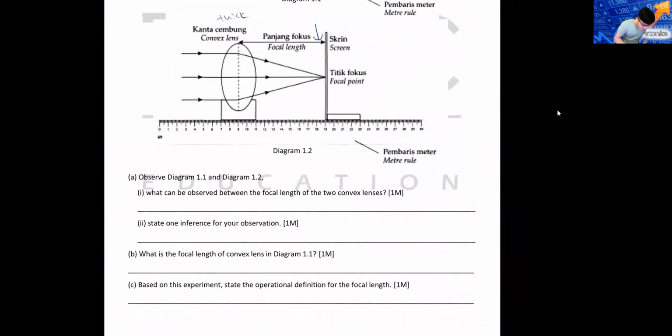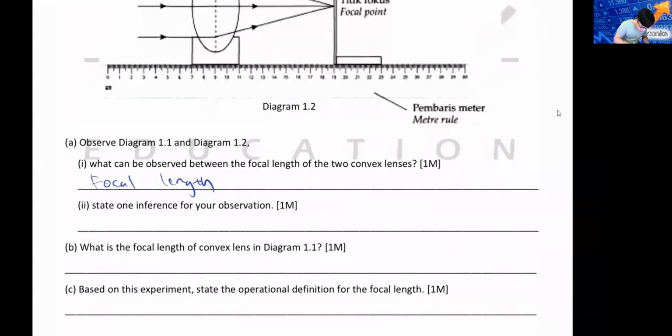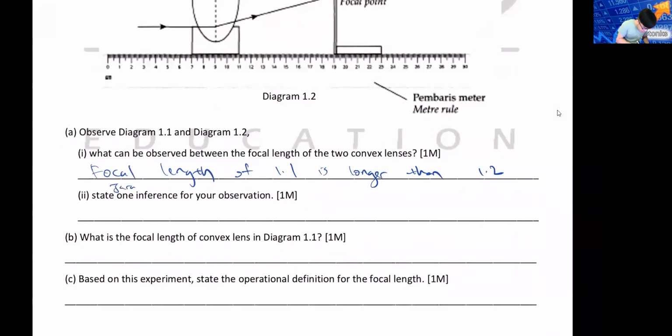So you can say focal length of 1.1 is longer than 1.2. Jarak fokus 1.1 lebih panjang daripada 1.2. What you see is what you get.